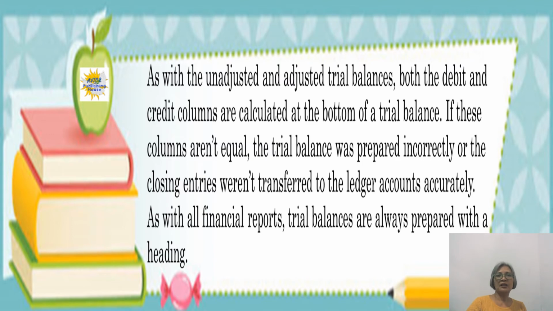As with the unadjusted and adjusted trial balances, both the debit and credit columns are calculated at the bottom of a trial balance. If these columns aren't equal, the trial balance was prepared incorrectly or the closing entries weren't transferred to the ledger accounts accurately. As with all financial reports, trial balances are always prepared with a heading.